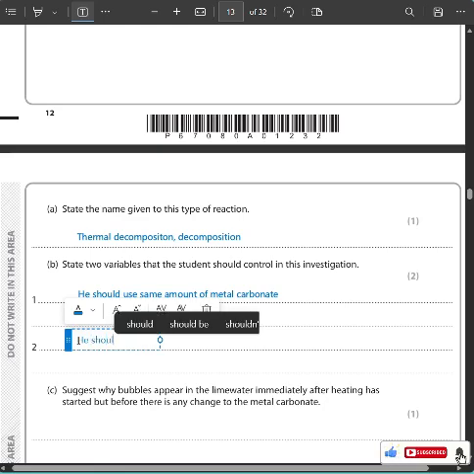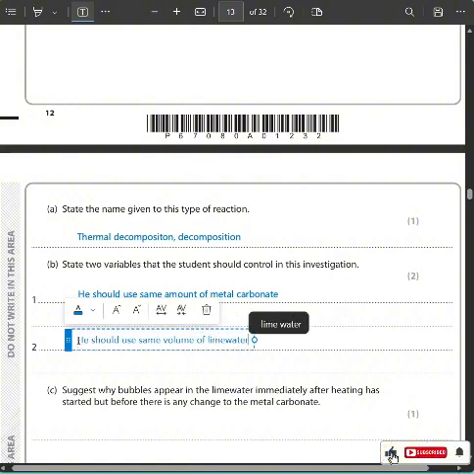And he should use the same volume of lime water, because if he uses a higher volume of lime water, it takes more time to change its color.